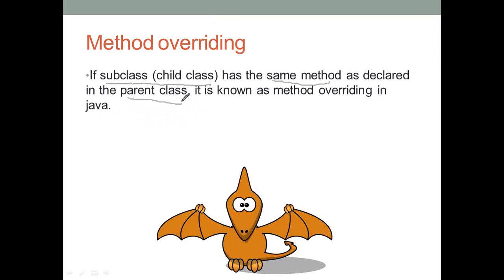Let us see what the difference between them is, but first let us see the concept of method overriding. The definition says if the child class has the same method as the parent class, this is known as method overriding. Now let us try to understand this with an example.